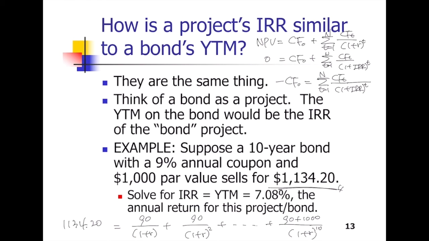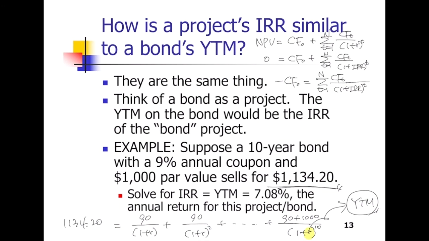And what is R? R represents what? Yeah, when we know the bond price, this R means yield to maturity, right? When we invest in this bond, we can expect this amount of return, right? One interesting thing, as you can see, this equation looks similar to this, right?